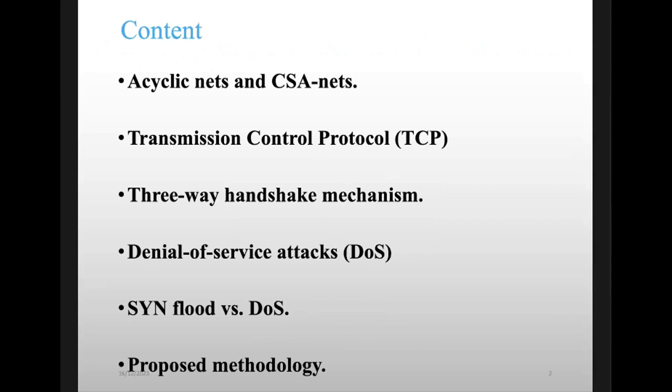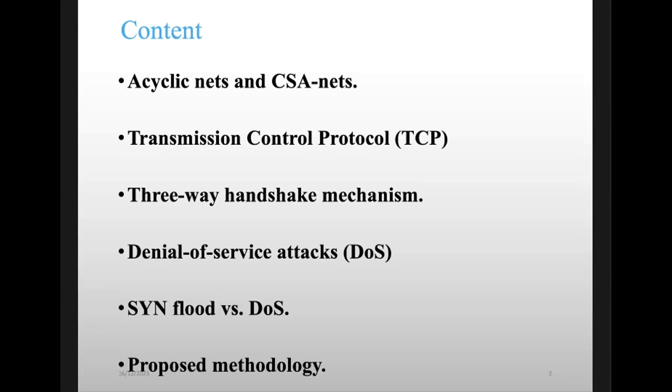This is the outline I will go through. In the beginning, I will give a brief about the formal model I used in this paper, which is acyclic net and communication structure acyclic net. Then I will give some introduction about the Transmission Control Protocol, TCP, and the three-way handshake mechanism, and how attackers use this weakness to overflow the TCP queue of the server and make its resources consumed and unavailable for requests of normal users.